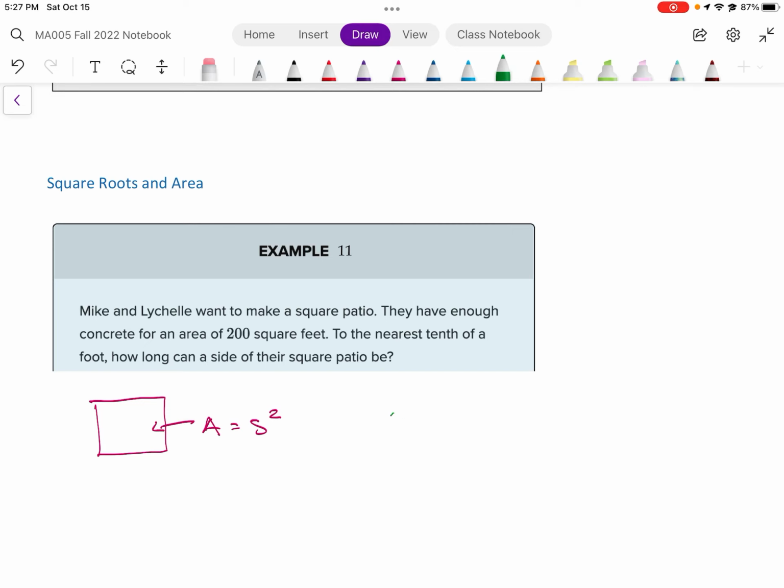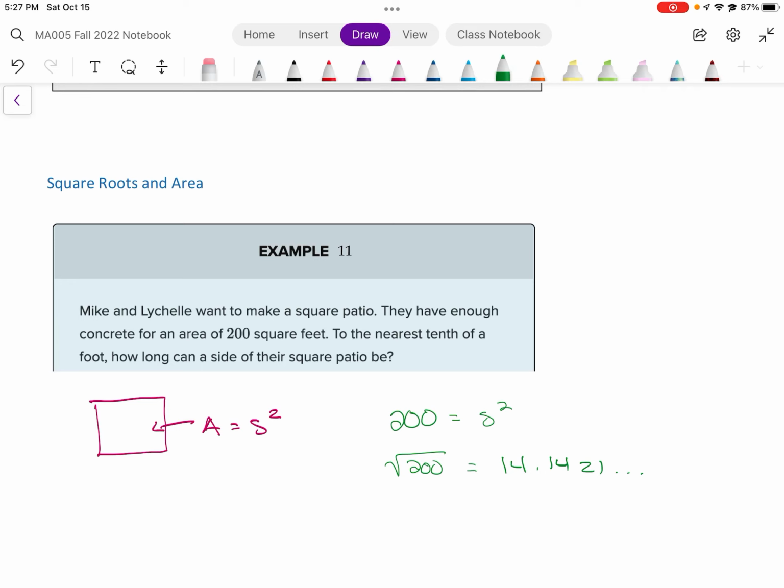So we've got 200, which is s squared. So the square root of that, what is the square root of 200? I'm going to have to use my calculator for that because I realized I did not put this on a key. The square root of 200 is 14.1421 and so on.